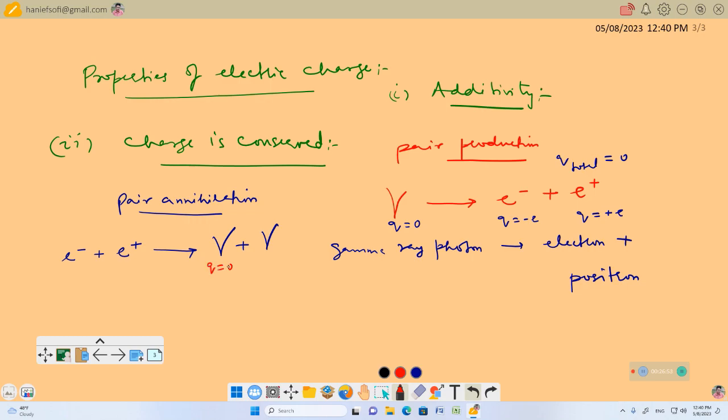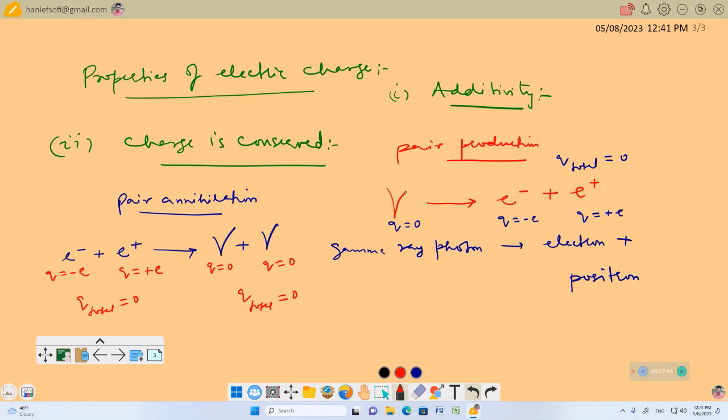Q for this photon is 0, for this photon 0. Q total on the right hand side is 0. Here you have Q minus E for the electron, Q plus E for the positron, and Q total is 0, right?